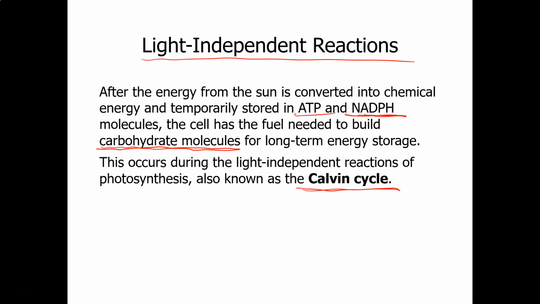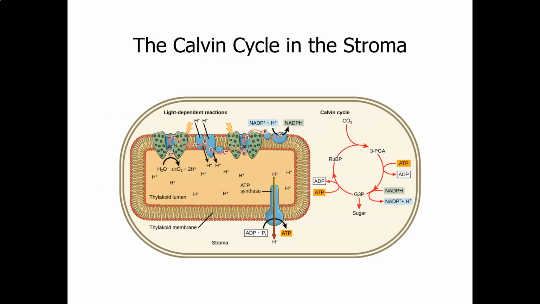So the Calvin cycle is the reactions that do not require light. They don't have to occur in darkness, but they just don't require light. So what's happening in the Calvin cycle is that carbon dioxide is used to produce a molecule called G3P, or sometimes you will see it written as GA3P.